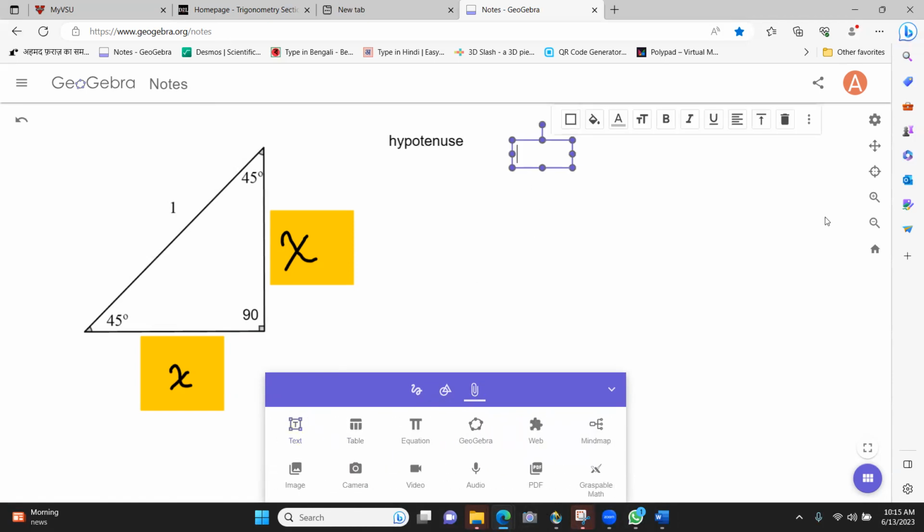Again, I'm going to write it down, but not every day. The Pythagorean theorem allows me to write this. The square of X plus the square of X is equal to the square of 1.